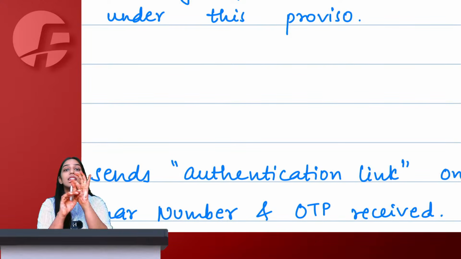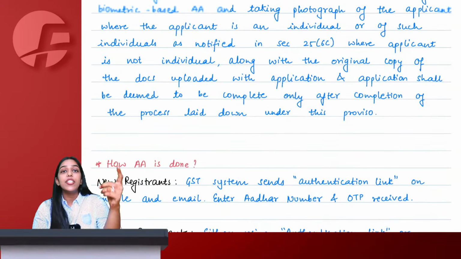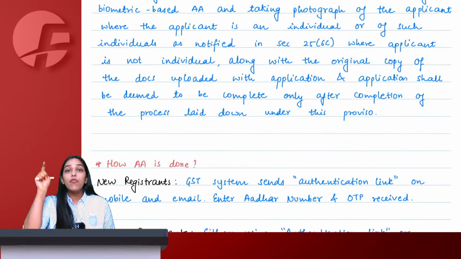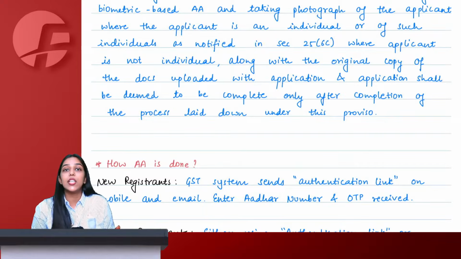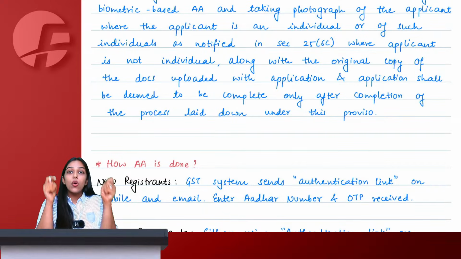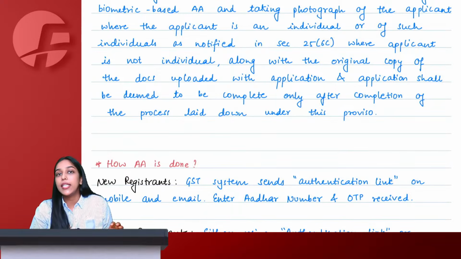So the government has zero trust in me. So the government is saying we will not accept your digital Aadhaar authentication. We want you to physically come to the GST department office, physically do your biometric based Aadhaar authentication, physically show us all the real documents. Then we will assume that okay, now your authentication is done.